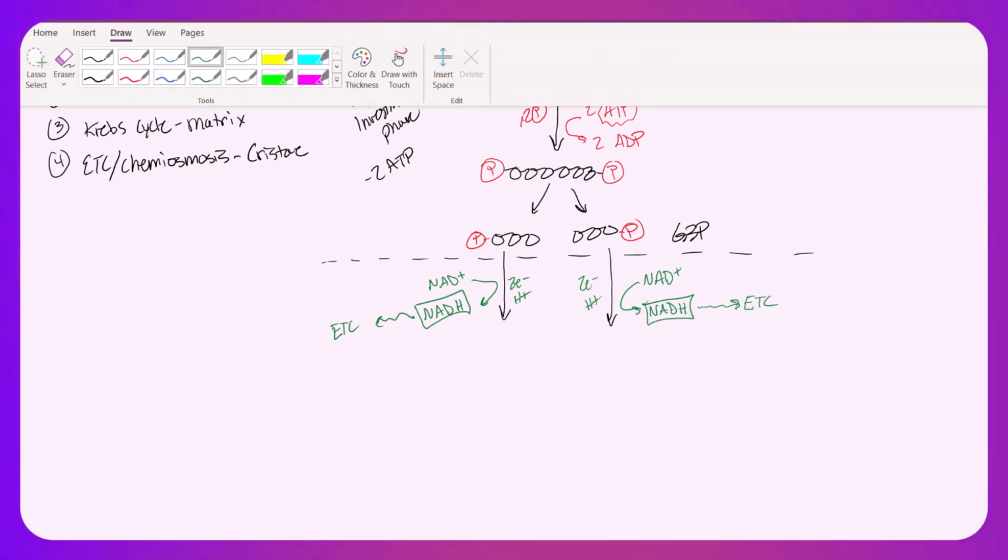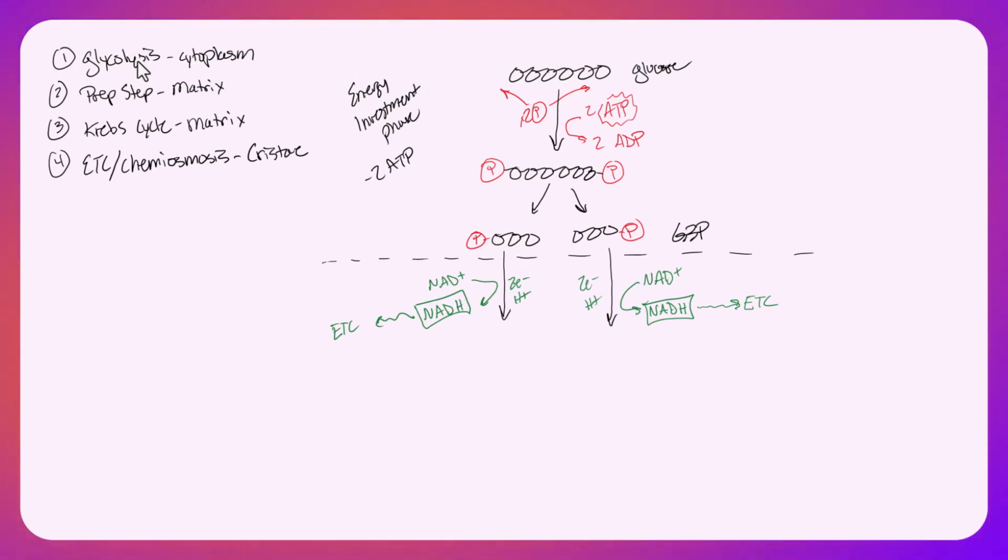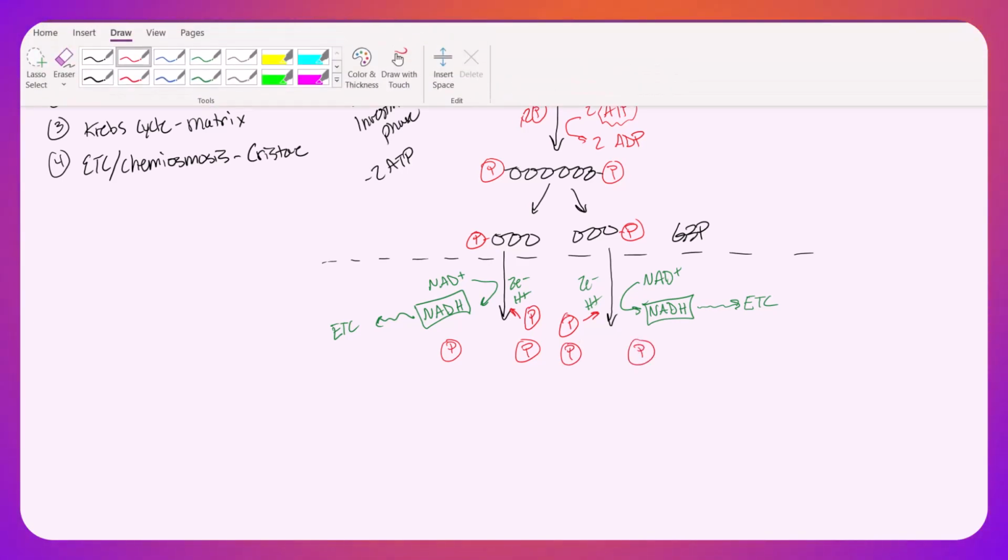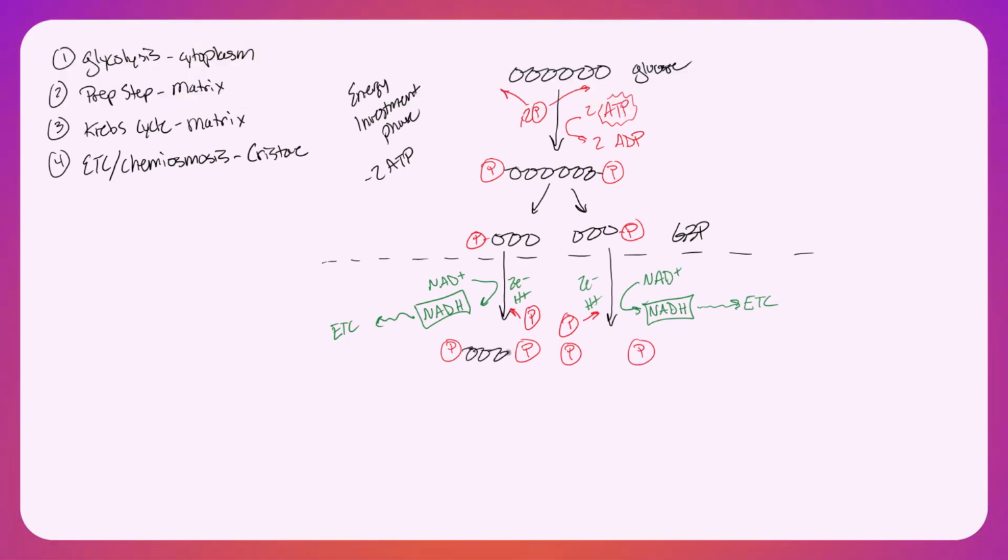And because we take those electrons from G3P and we take that hydrogen from G3P, it allows a phosphate, which is freely floating and freely available in the cytoplasm, to join these G3Ps, and we end up with a molecule that has 2 phosphates and the 3 carbons it had to start with.